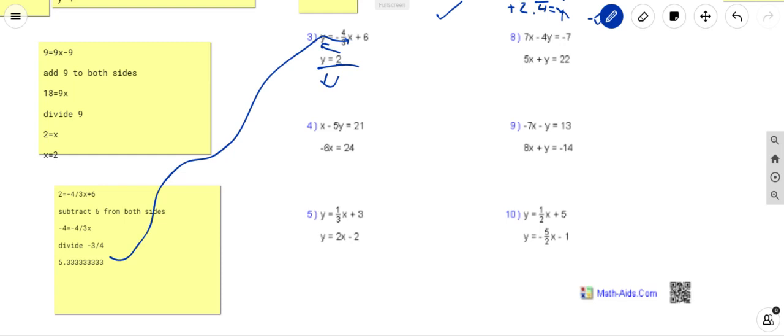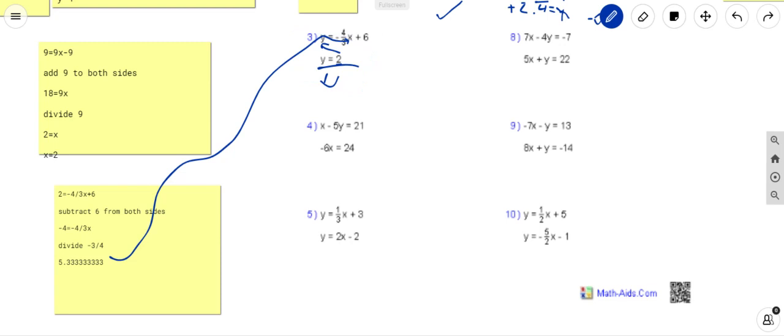So it'd be negative. Oh, I think this is wrong actually. Okay, okay, that's fine. That's part of math. Let's go back and see what happened.